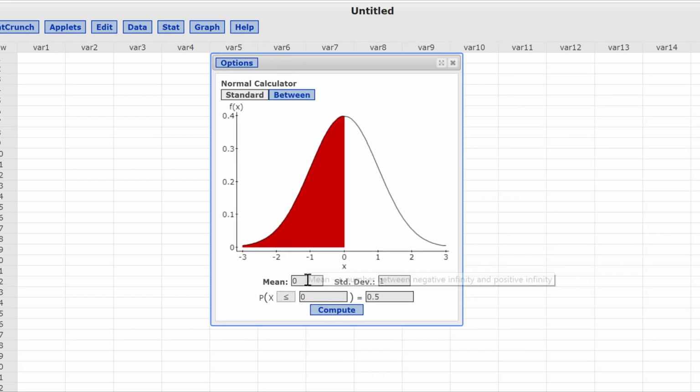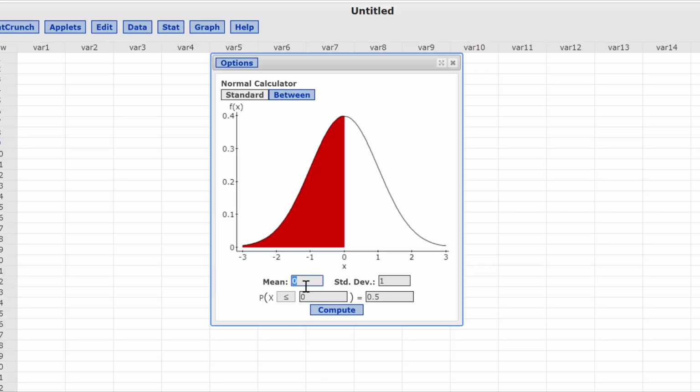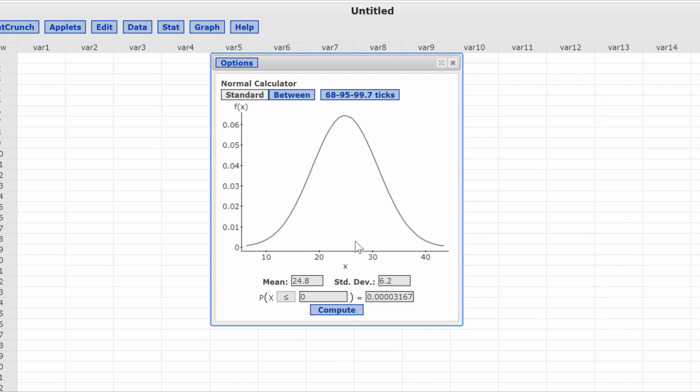Okay, so we can do the mean, 24.8, standard deviation of 6.2. I can put these 68, 95, 99.7 ticks, and there they are. I can put in whatever I want here.